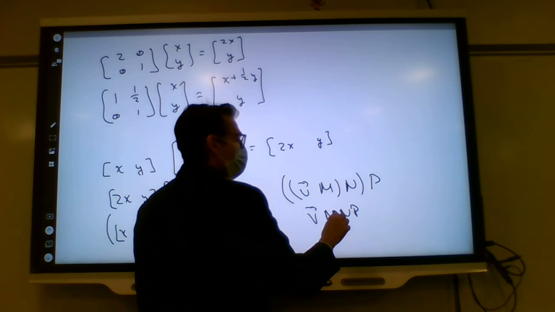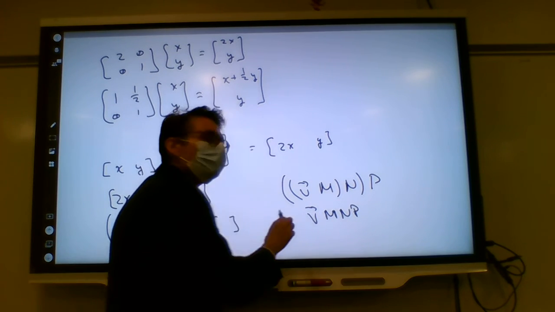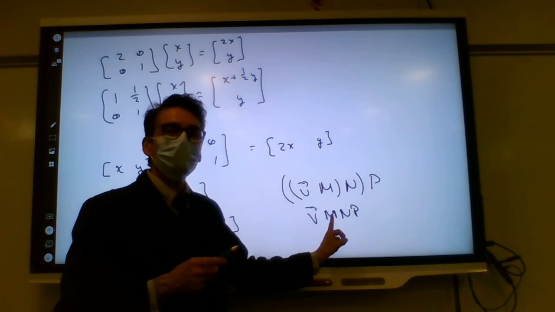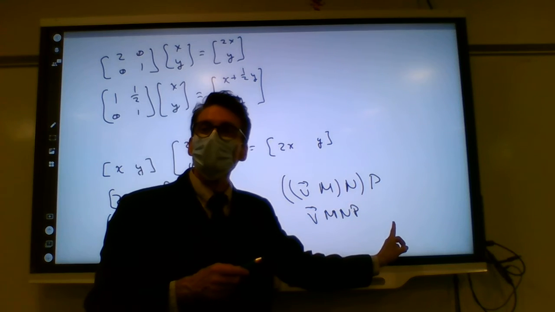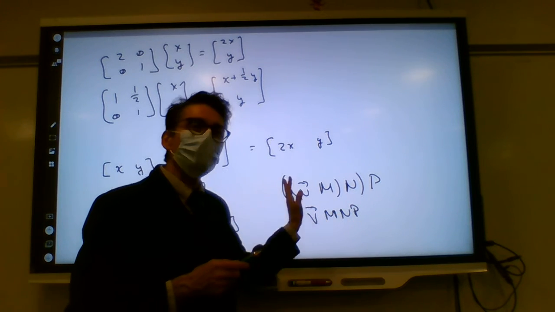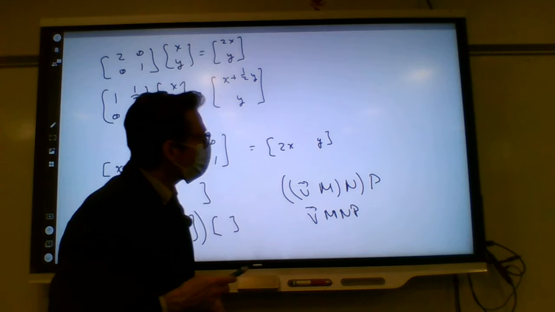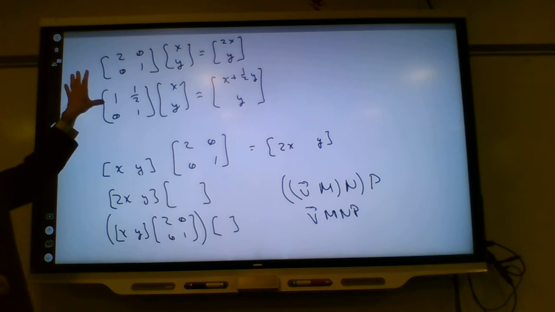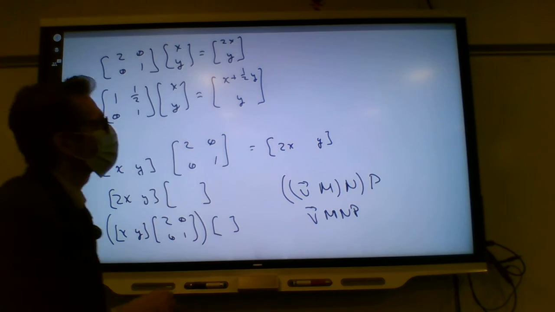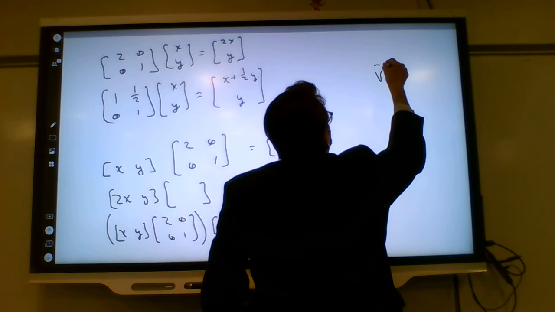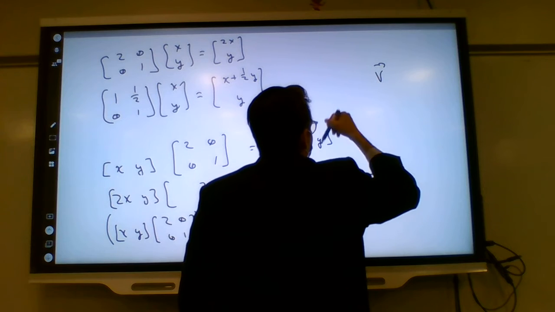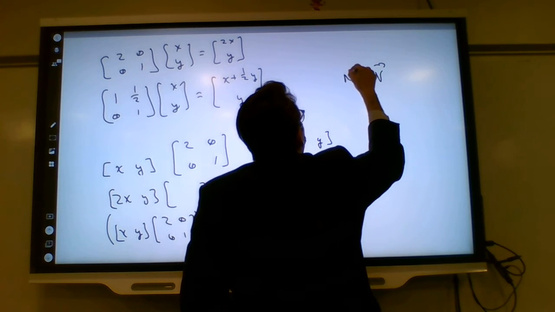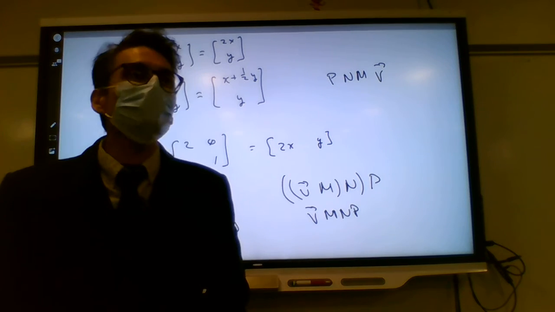But programming-wise, what does that mean? If I want to modify vector v, I just apply this, then I apply this, then I apply that. And just reading it from left to right. If we use the other approach with columns, we would have our vector v here, and then it's not exactly matrix M, N, and P, but corresponding M, N, and P are multiplied on the left. And what do we have to do?